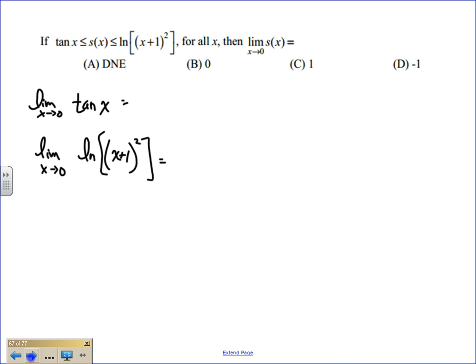What's tangent of 0? 0. At 0, what's tangent? 0. Just in case you don't want to do the sine over cosine thing, think about his graph. 0, 0. Oh, tangent of 0, 0.